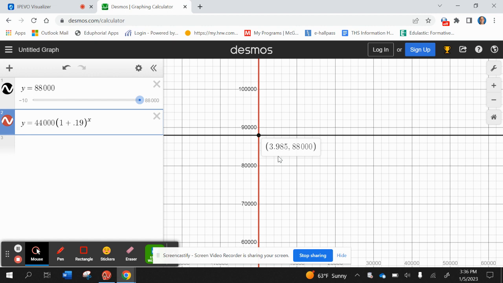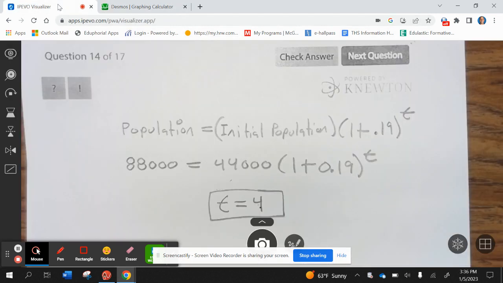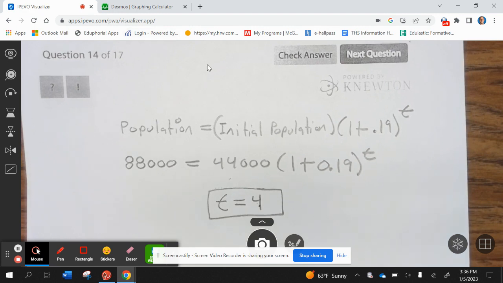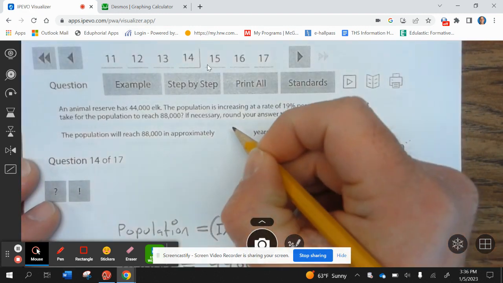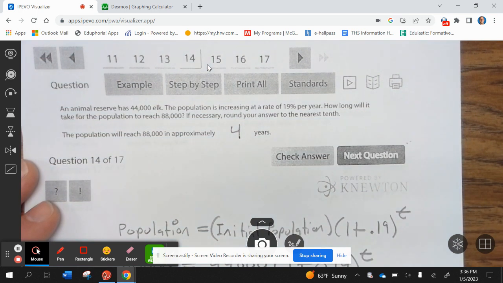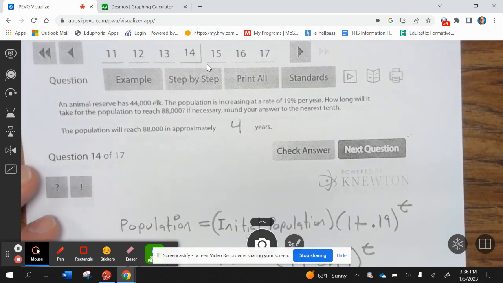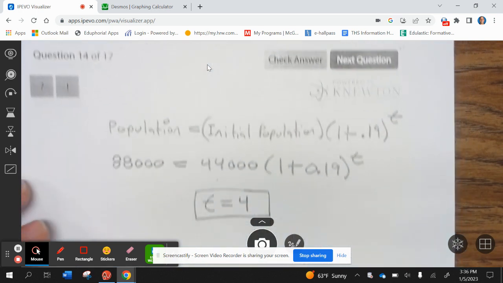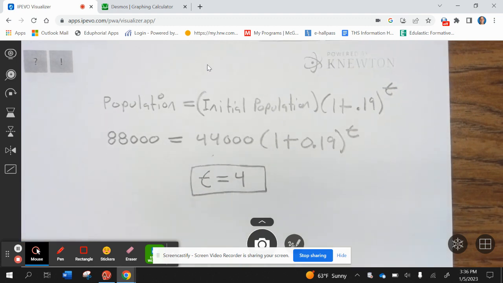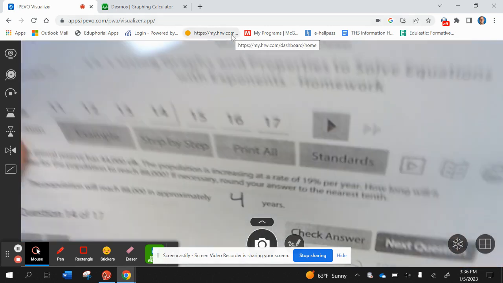So t would equal 4. So the population reached 88,000 in approximately 4 years. All right, let's take a look at the next example.